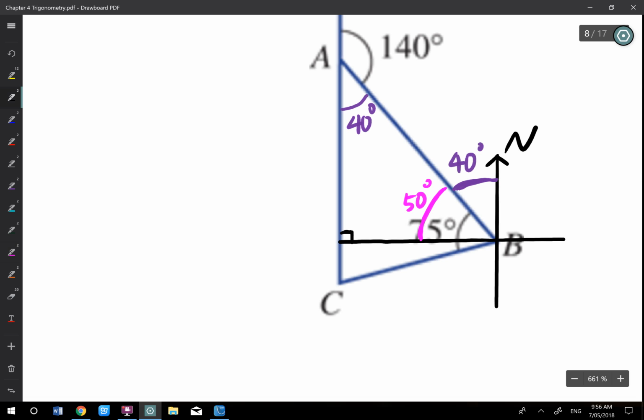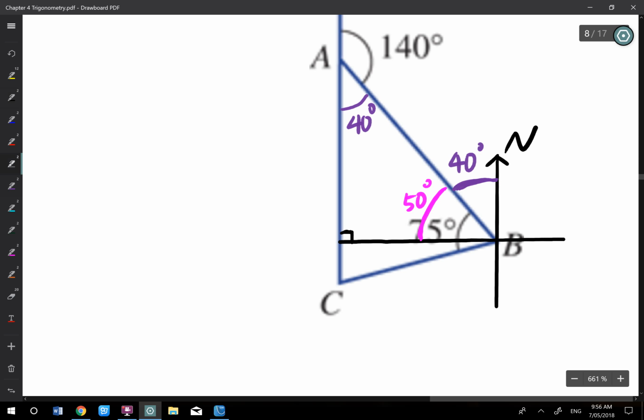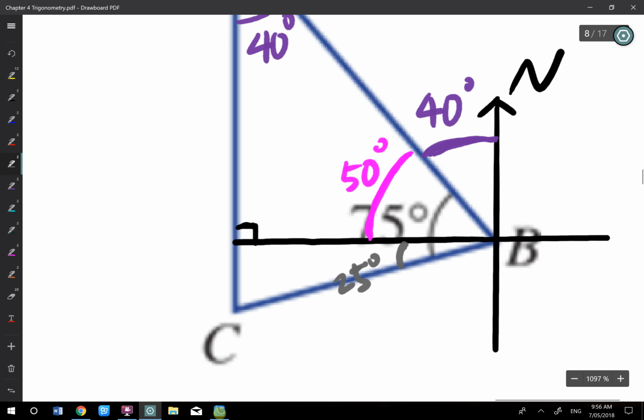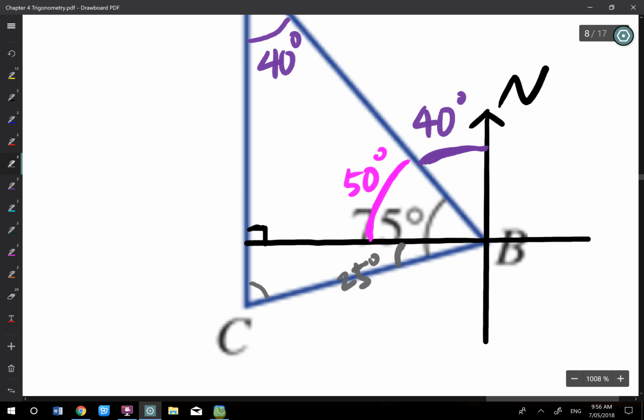And what's the size of this angle here? 25, yeah, so this small angle is 25 degrees, because 75 minus 50 gives you 25. And what's the angle for this one?